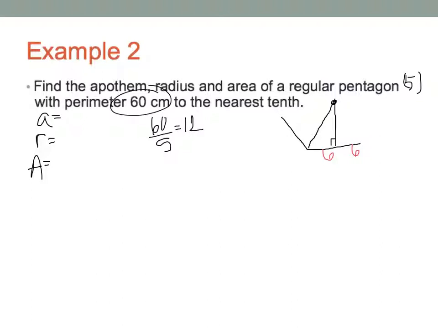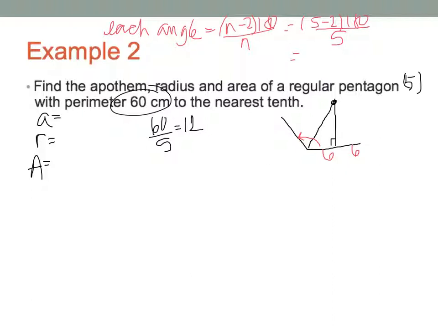I've got to figure out what this angle is over here first, though. Again, each angle equals the number of sides minus 2 times 180 over the number of sides. Let's simplify that, and I get the number of sides is 5 minus 2 times 180 divided by 5, and keep working that out, and we get 108 degrees.